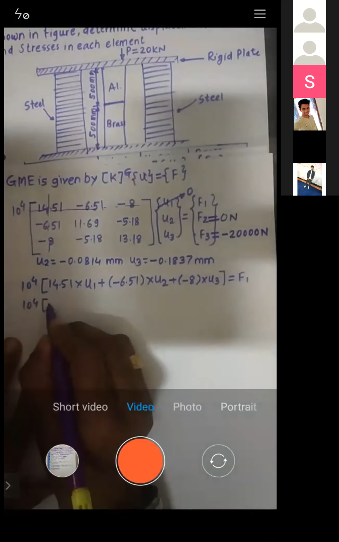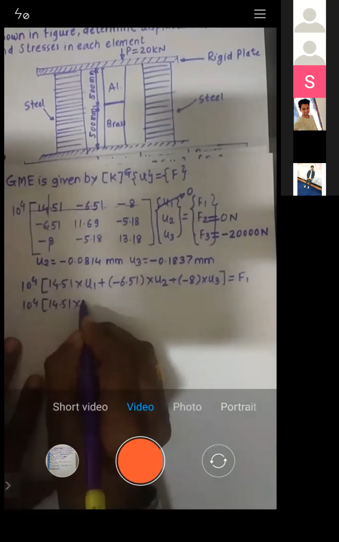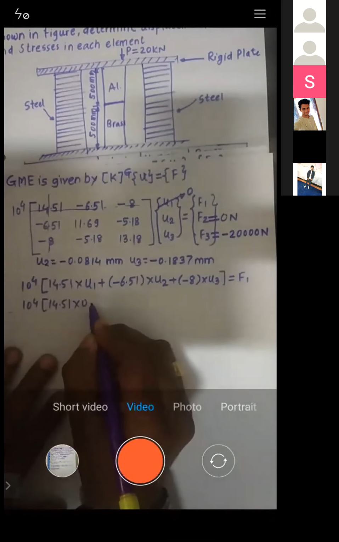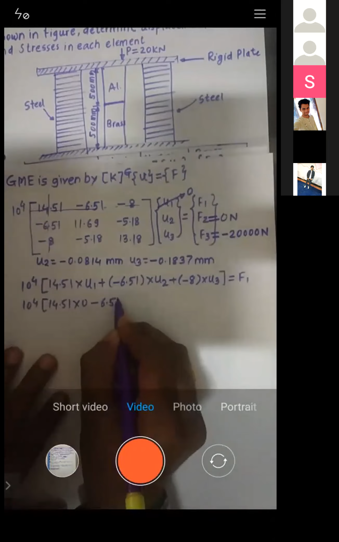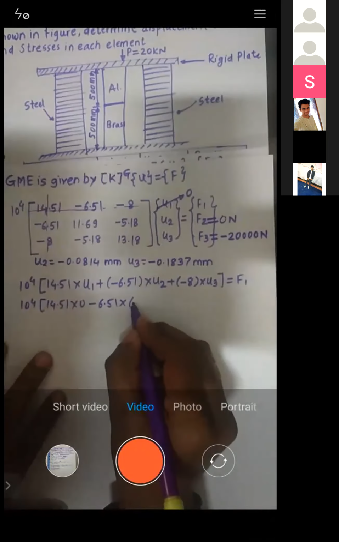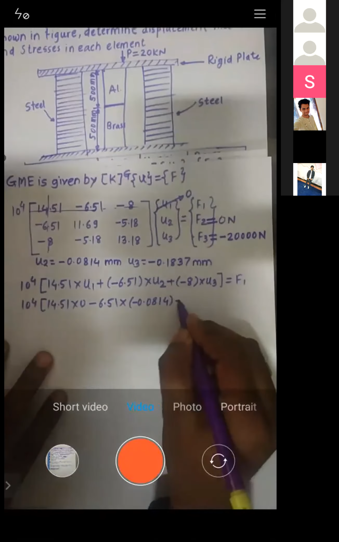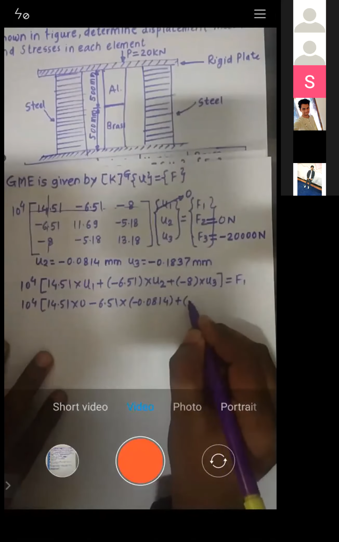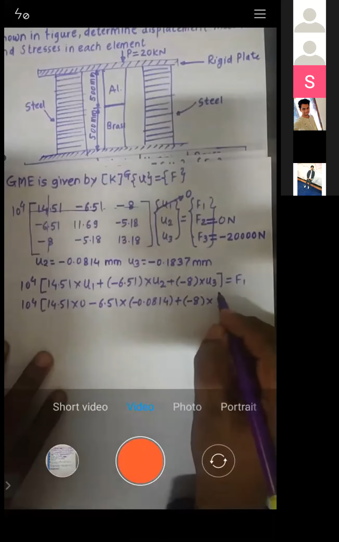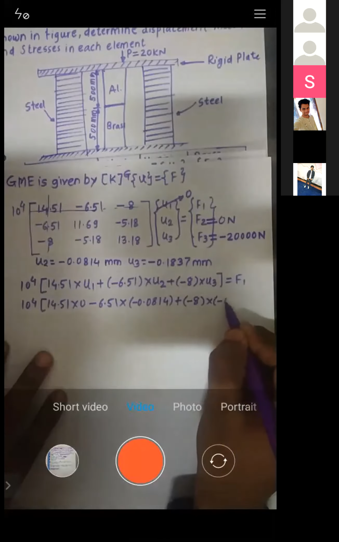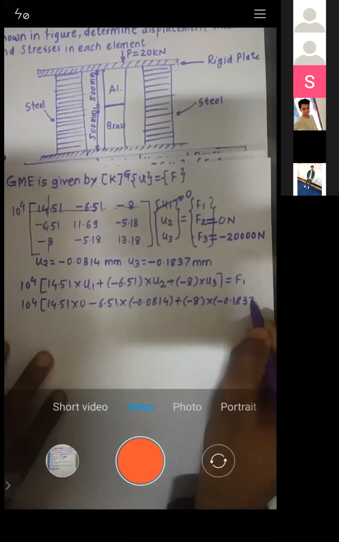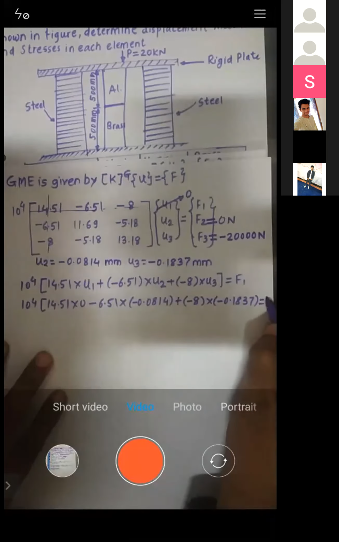This U1 is 0 only. So 14.51 into U1 is 0. Then minus 6.51 into U2, which is minus 0.0814, plus minus 8 into U3, U3 is again minus 0.1837, right? Is equal to F1.